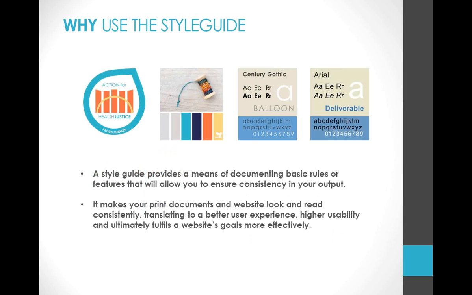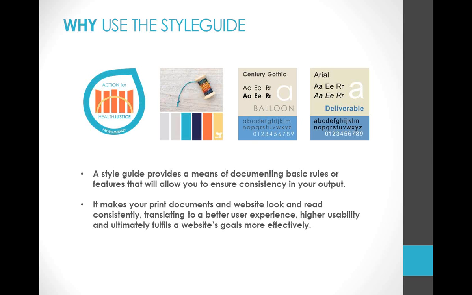Okay. So why use the style guide? A style guide provides a means of documenting basic rules or features that will allow you to ensure consistency in your output. It makes your printed documents and your website look and read consistently, translating to a better user experience, higher usability, and ultimately fulfilling a website's goals more effectively.